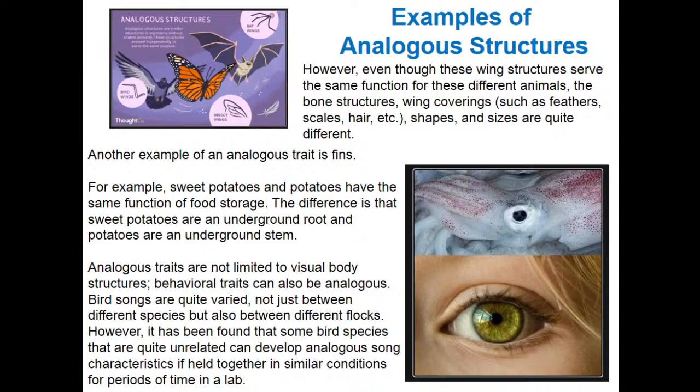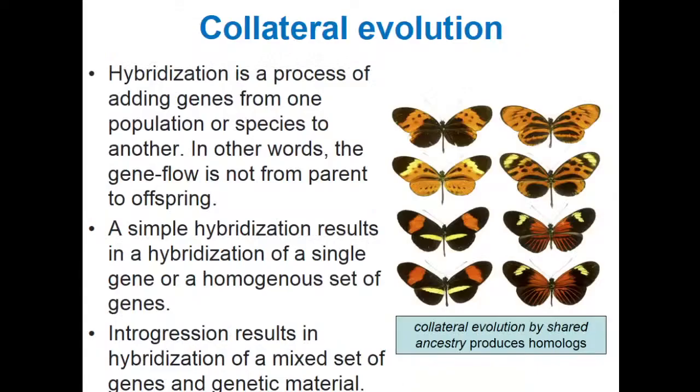One more example, for example, eyes. They are present in some species, but develop from different starts or begin in different ways, yet have the same function and structure. The next way is collateral evolution.